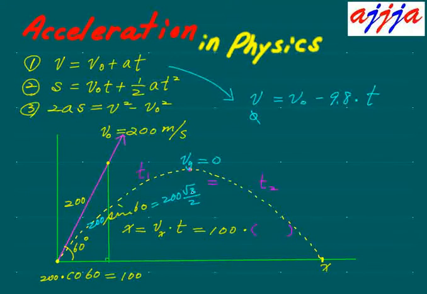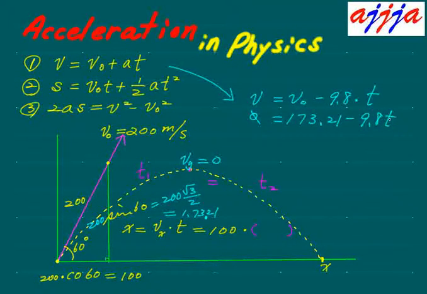Square root 3 you know already: 1.7321. So 100 times that, you just move the point. The initial velocity for vertical is 173.21 minus 9.8t.